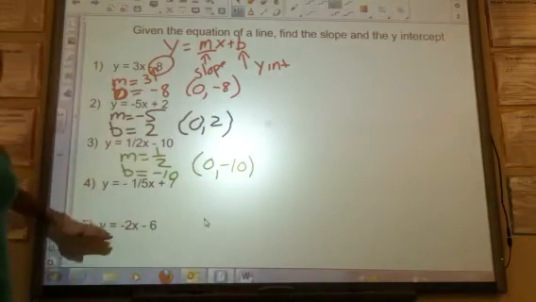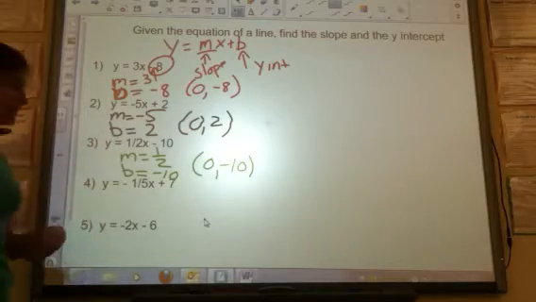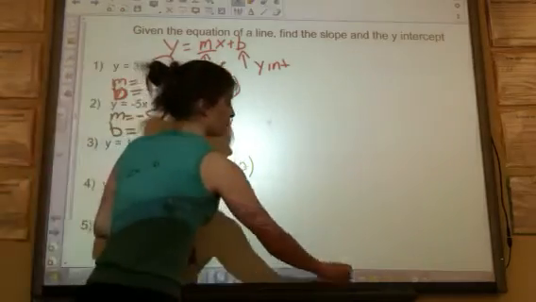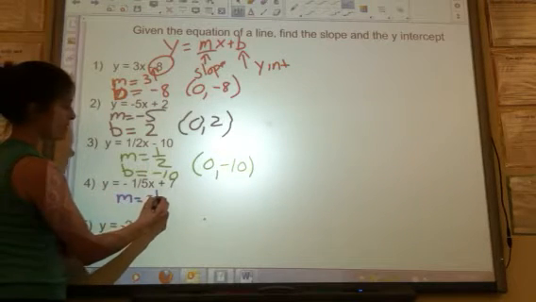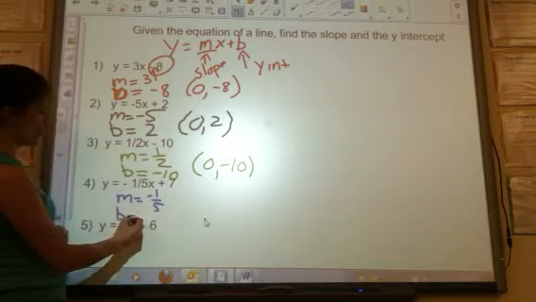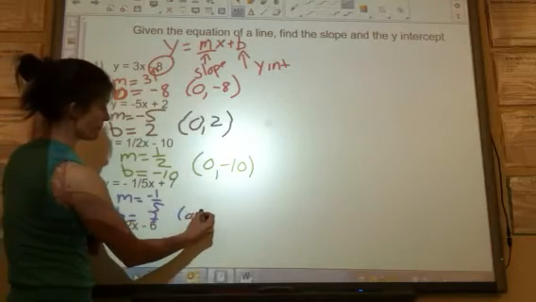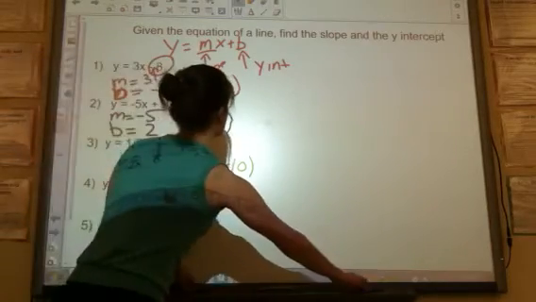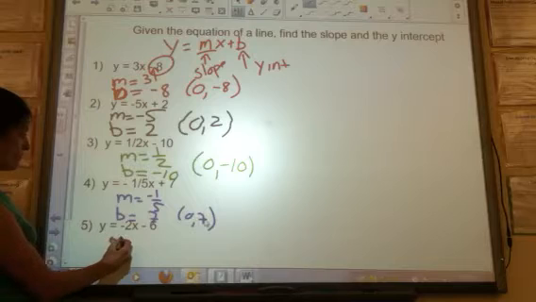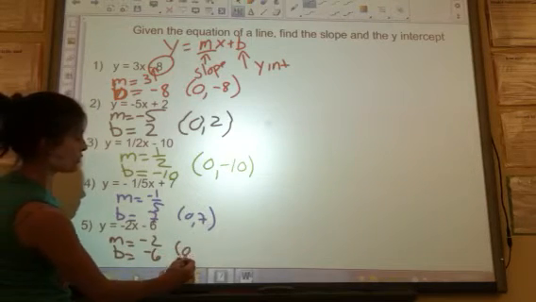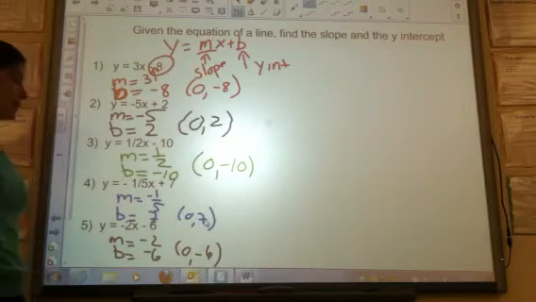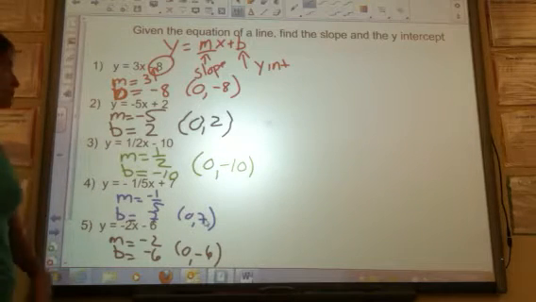So go ahead and do these if you want. If not, fast forward the video. If you want to do them, pause the video, and I will put the answers up as you are doing that. Please remember that when you do your slope and your y-intercept, you have to make sure about the negatives.